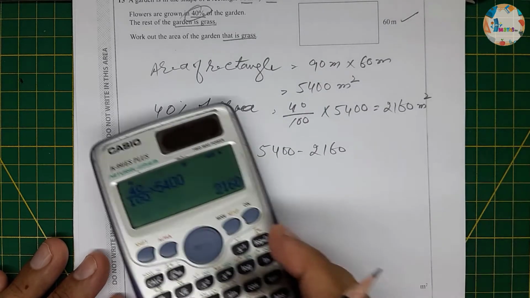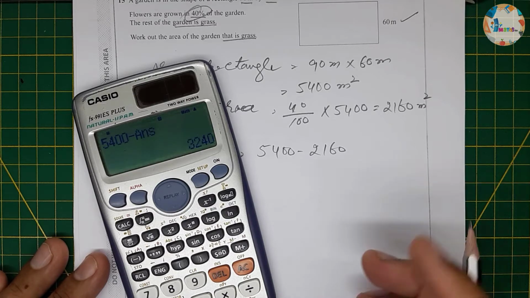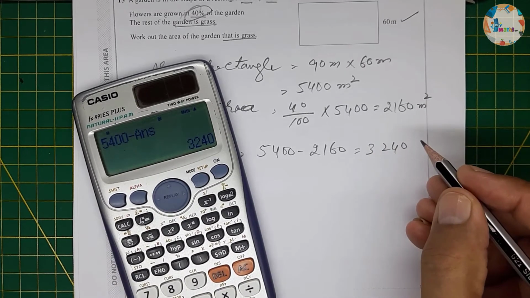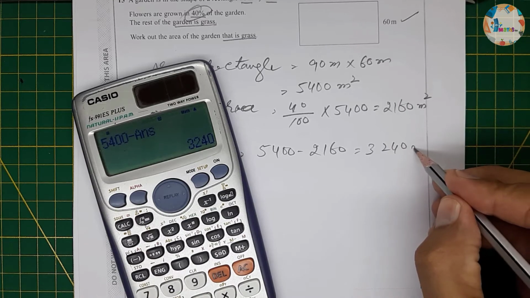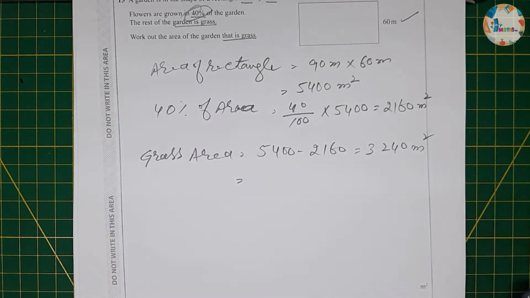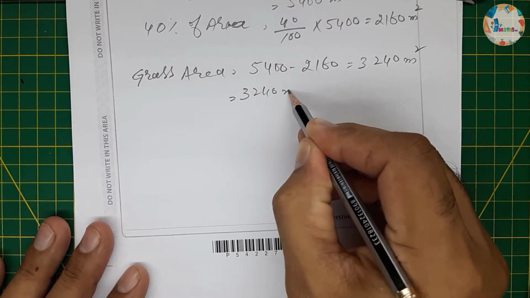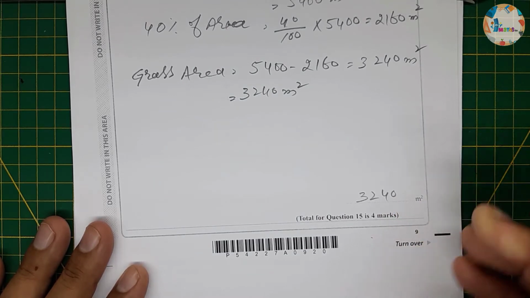So this will be equal to 3240. 3240 meters square will be the answer. So we'll write the answer 3240 meters square at the proper location.